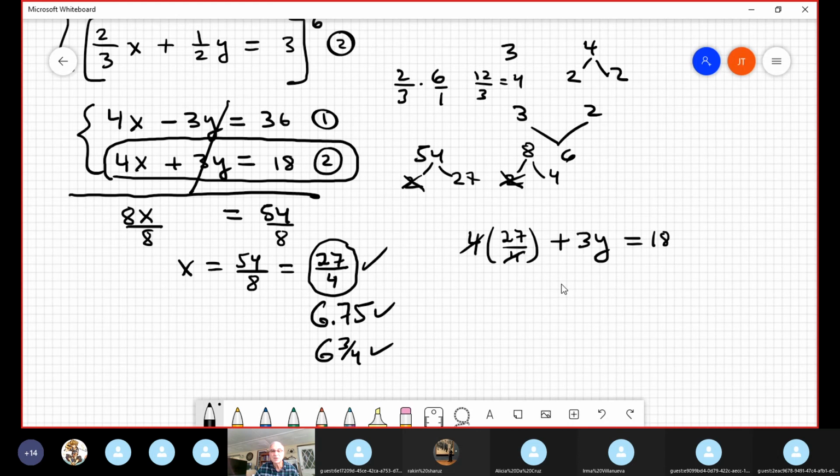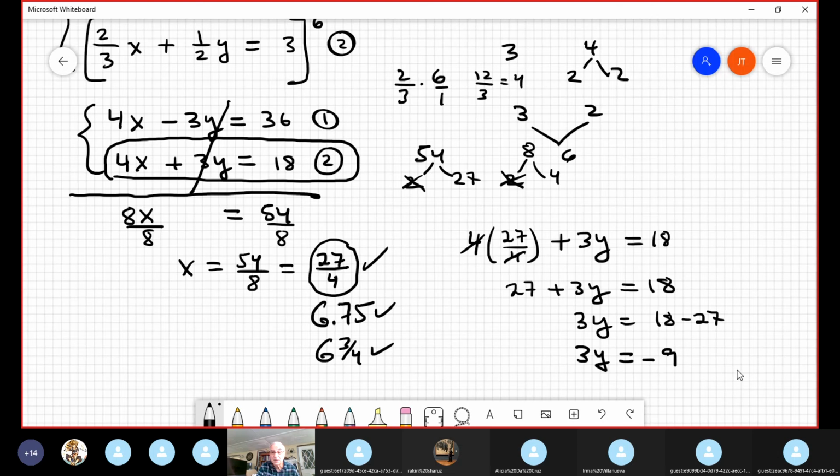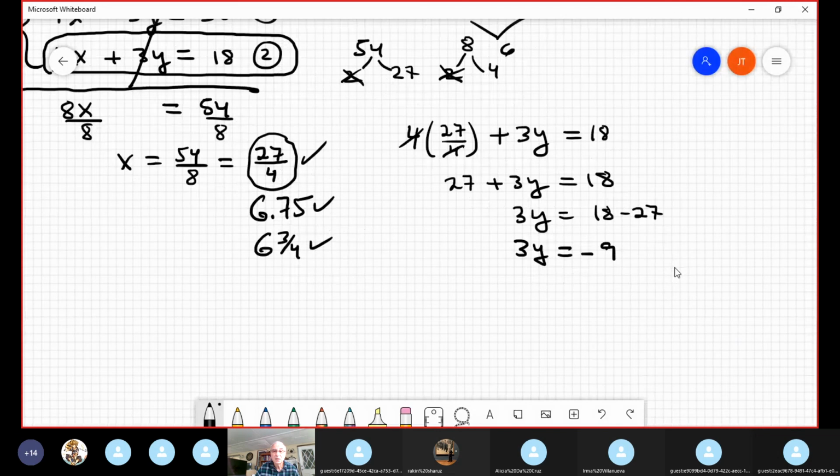Nice, I like that. 27 plus 3y equals 18. 3y is equal to 18 minus 27, which I suppose is negative 9. Yeah, it's negative 9. 3y is equal to negative 9, divided by 3 on both sides. y is equal to negative 3.